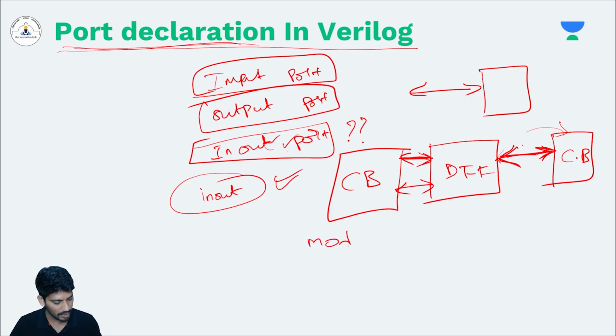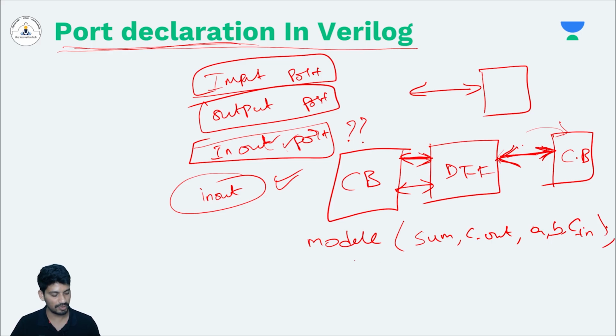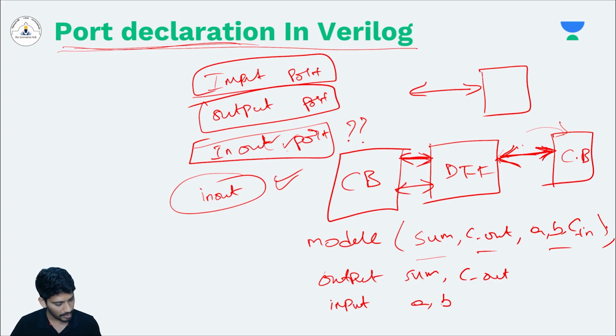One way is as we were doing earlier: module and then write the port names sum, C out, A, B, C in, and then you declare the actual port declarations inside the module like this. My output is sum comma C out and my input is A comma B comma C in, right?